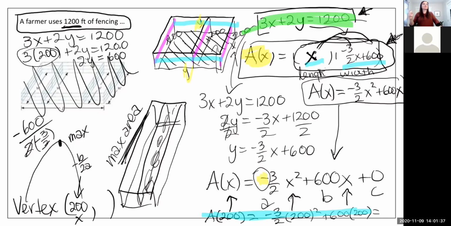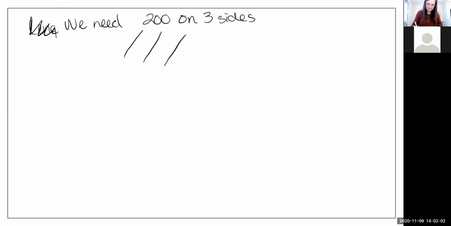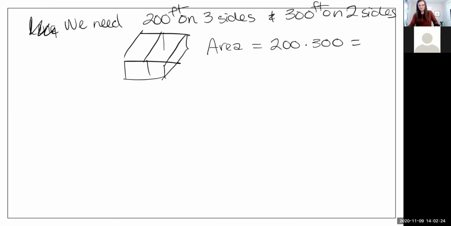The length and width are 200 and 300, right? So we need 200 feet on 3 sides, and 300 feet on 2 sides. And then the area is obviously going to be 200 times 300, which is your 60,000 square feet.